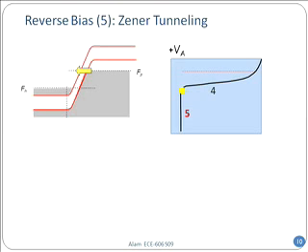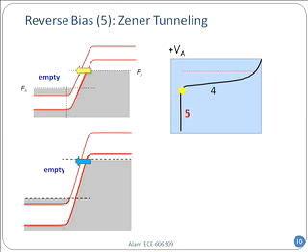However, now with the reverse bias, you can see for the yellow region that electrons will essentially tunnel from the right-hand side to the left-hand side. Okay. Now, if you apply a little bit more bias, then the current will actually increase. And as you can see in the blue region, the blue dot, the current will increase exponentially.